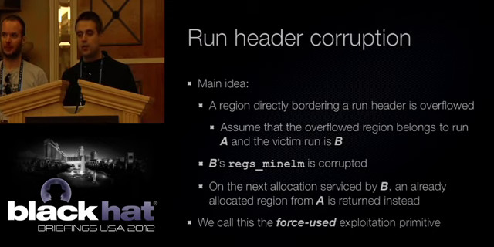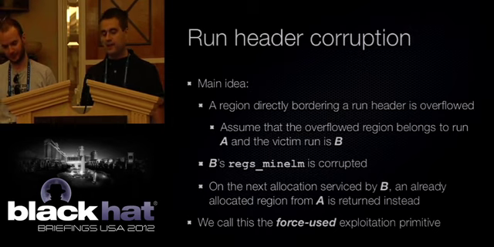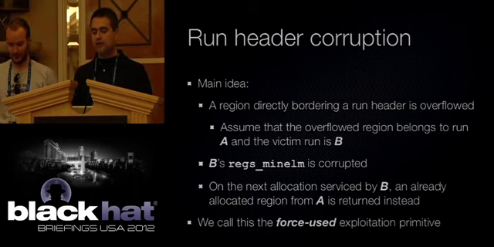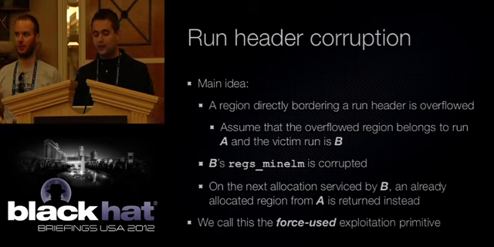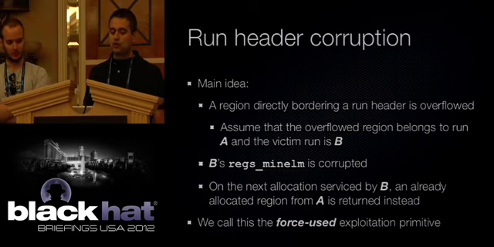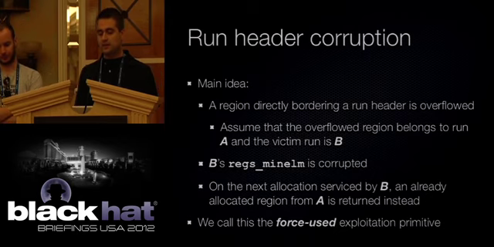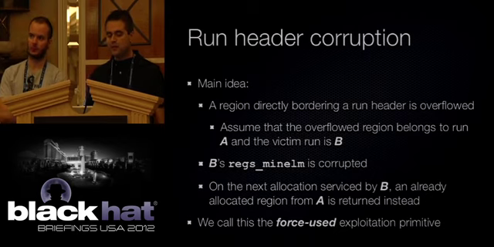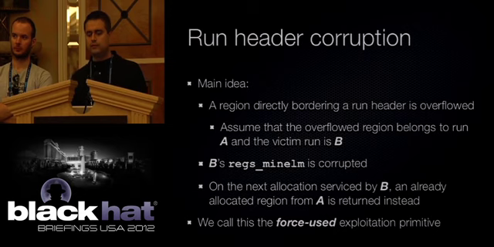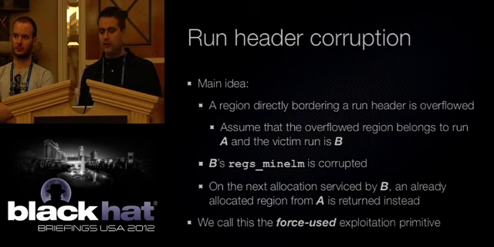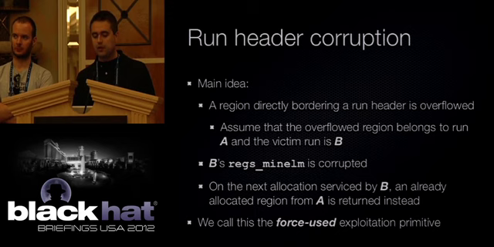So let's assume that we have a region that we can trigger an overflow bug on that belongs to run A, and then you have a victim run B that starts immediately after run A. We studied what can happen when we corrupt the metadata of the second run.